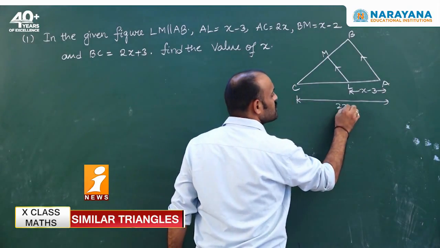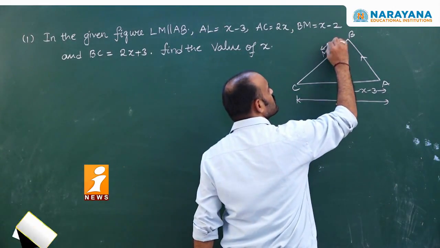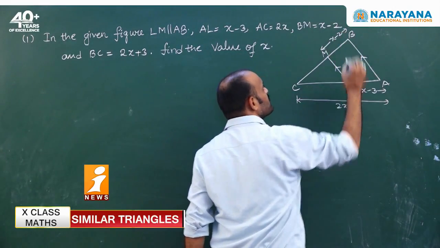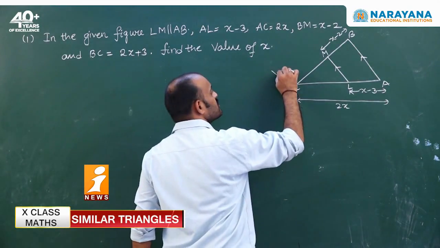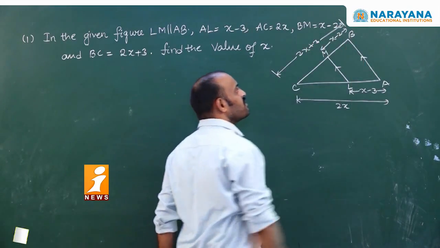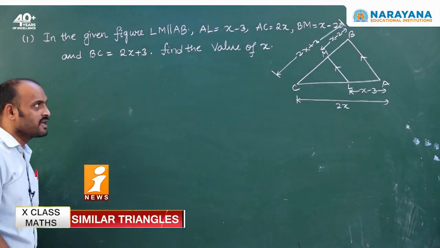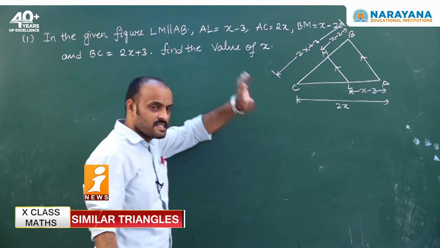BM is given as x minus 2. And BC is given as 2x plus 3. They are asking you to find the value of x.